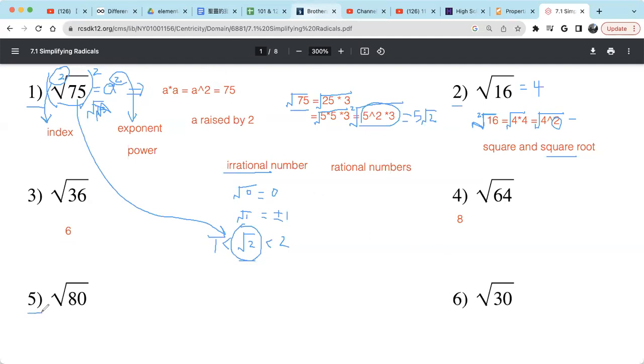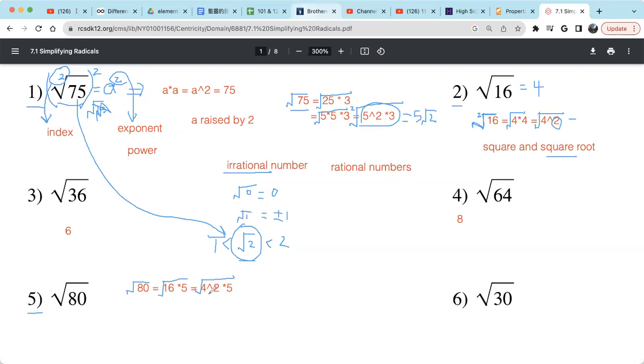Now let's look at square root of 80. 80 can be written as 16 times 5, right? And 16 is 4 squared. So if I put a square root over 80, it's the same as putting square root over 4 squared times 5.